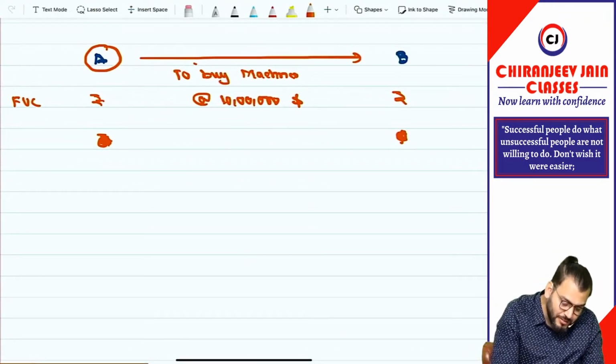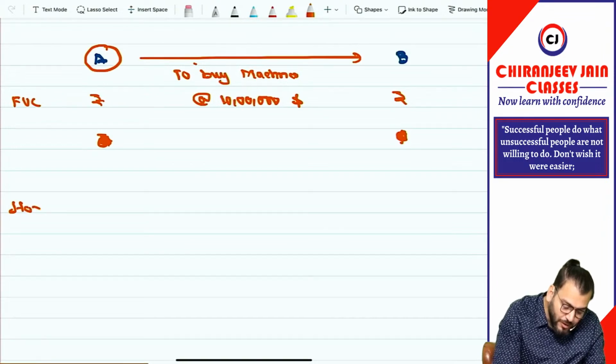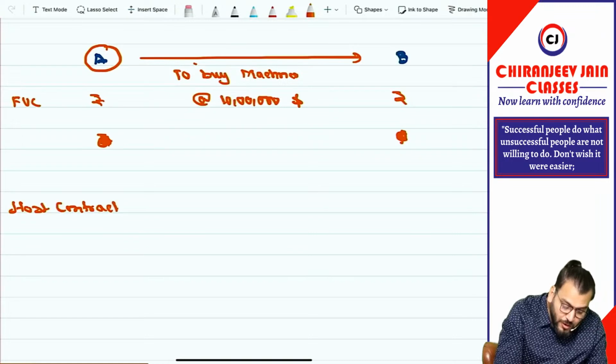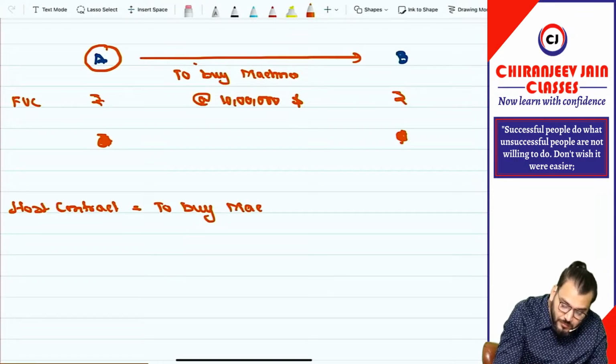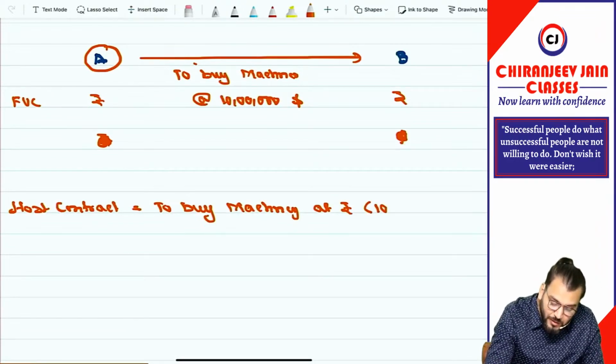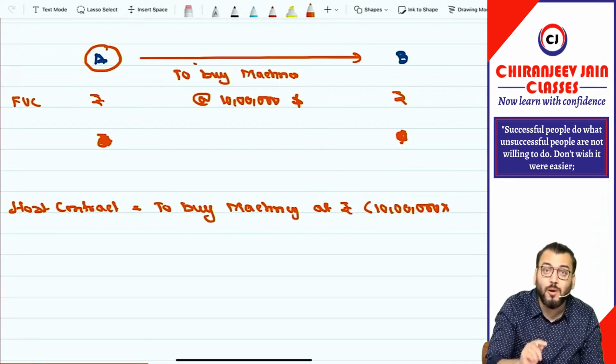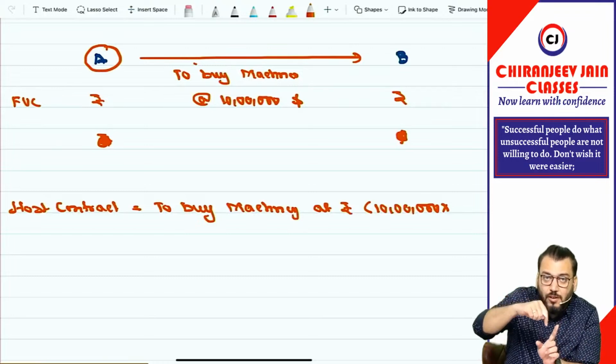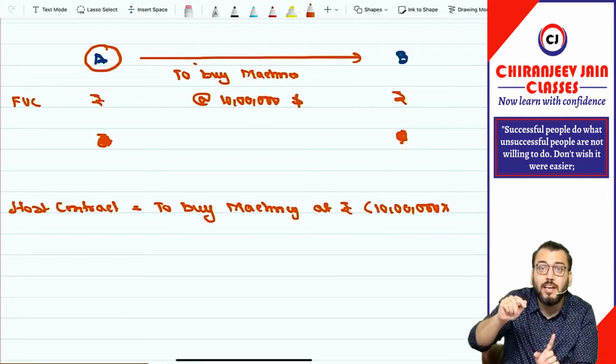So in this there is one host contract, which is to buy machinery in rupees only. But how much rupees? It will be 10 lakh dollar multiplied by the forward rate, because as on the contract date we don't know what the spot rate will be in future.